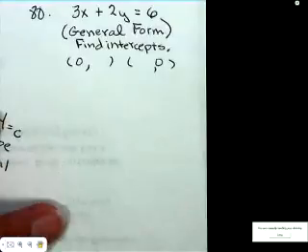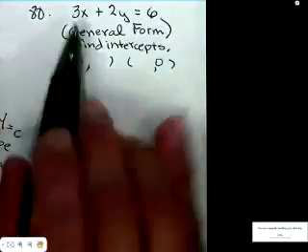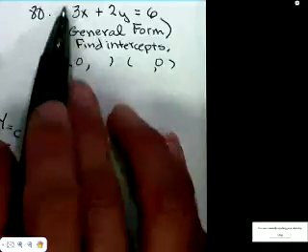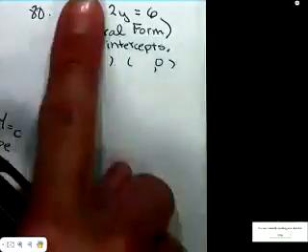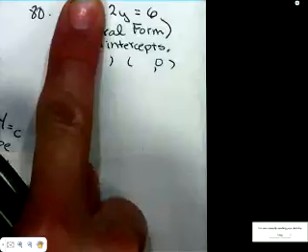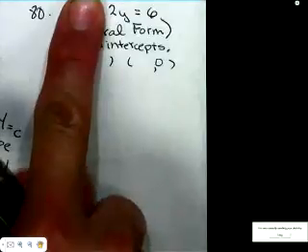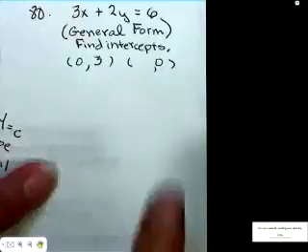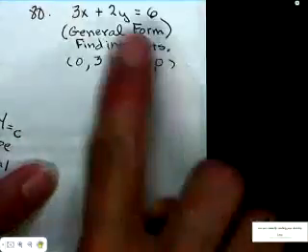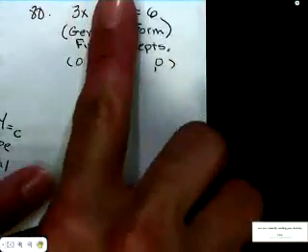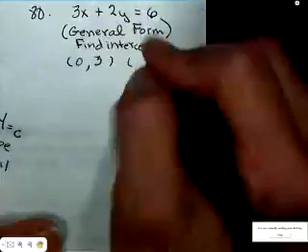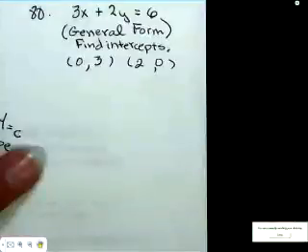When you let x be 0, what is this first term? 0, so just cover it up. You have 2y equals 6, so y has to be 3. That's your y-intercept. When your y is 0, cover up that second term. If 3x is 6, then what does x have to be? 2. That's your x-intercept.